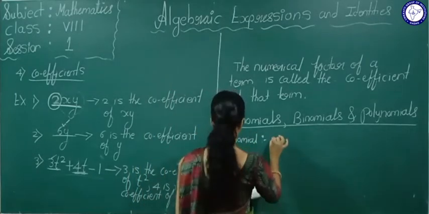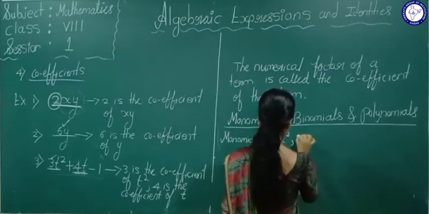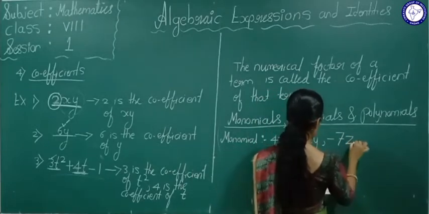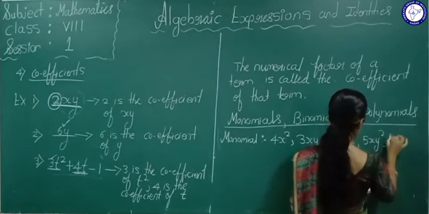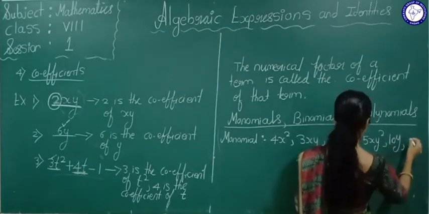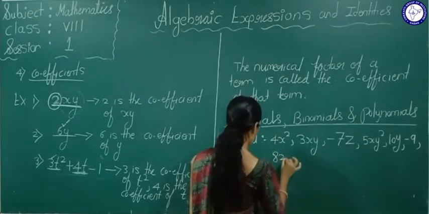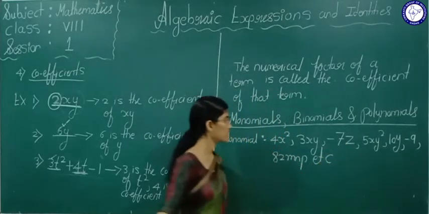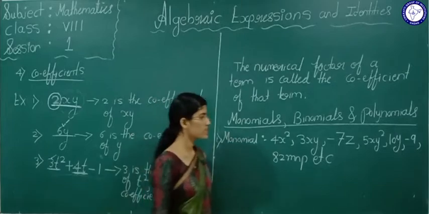Now see here, I will give you examples: 4x square, 3xy minus 7z, 5xy square, 10y minus 9, 82mnt. This is the example they have given in your textbook. Now tell me, what is this monomial?